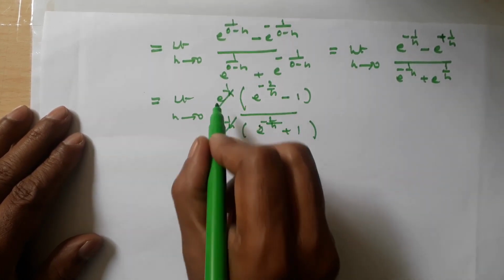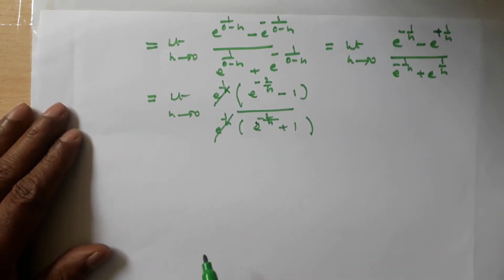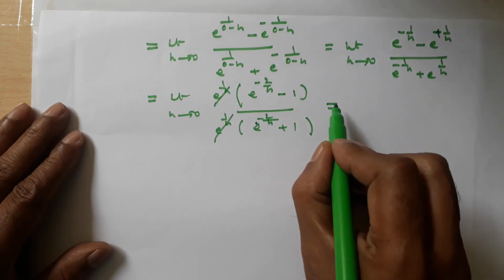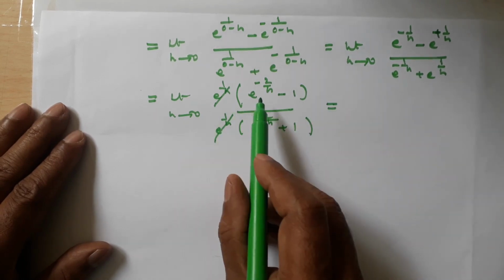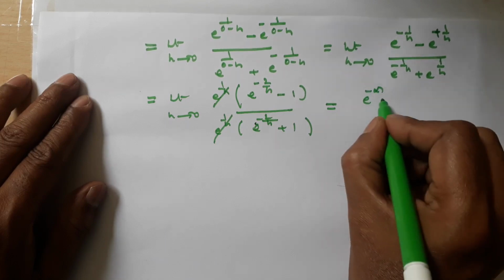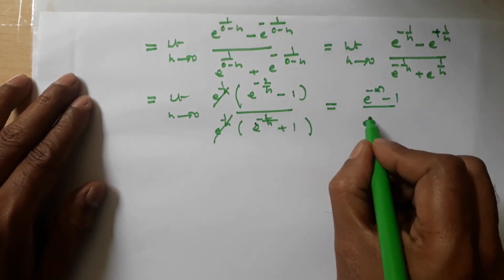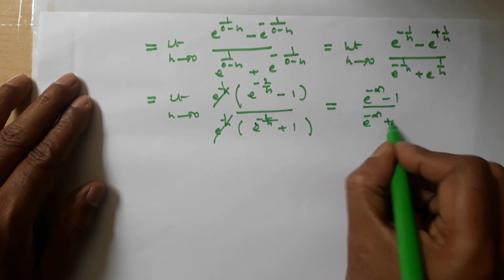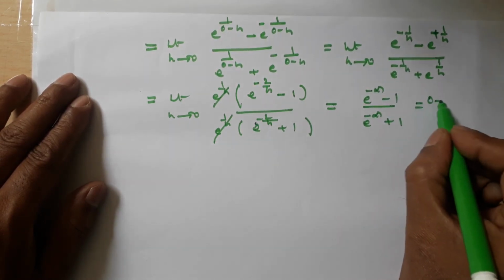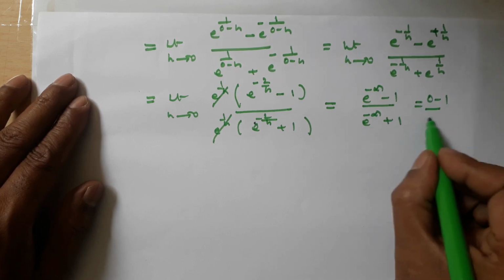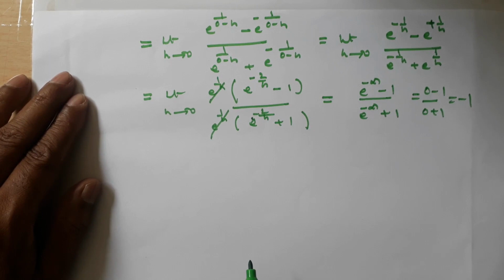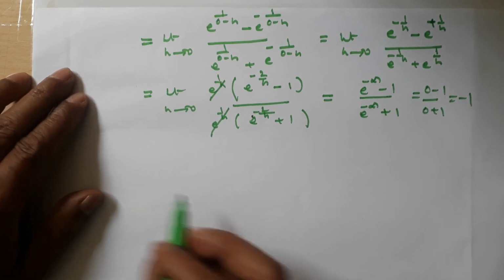The e power 1 by h in numerator and denominator cancelled. As the limit can be applied, it is (e power minus infinity minus 1) divided by (e power minus infinity plus 1), which is equal to (0 minus 1) divided by (0 plus 1), equal to minus 1. So the LHL value is minus 1.